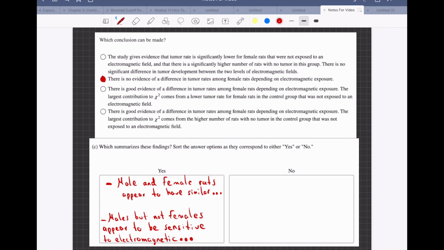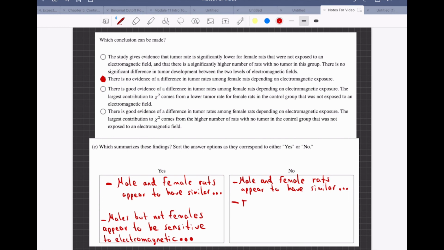And for no: male and female rats appear to have similar, and it continues.